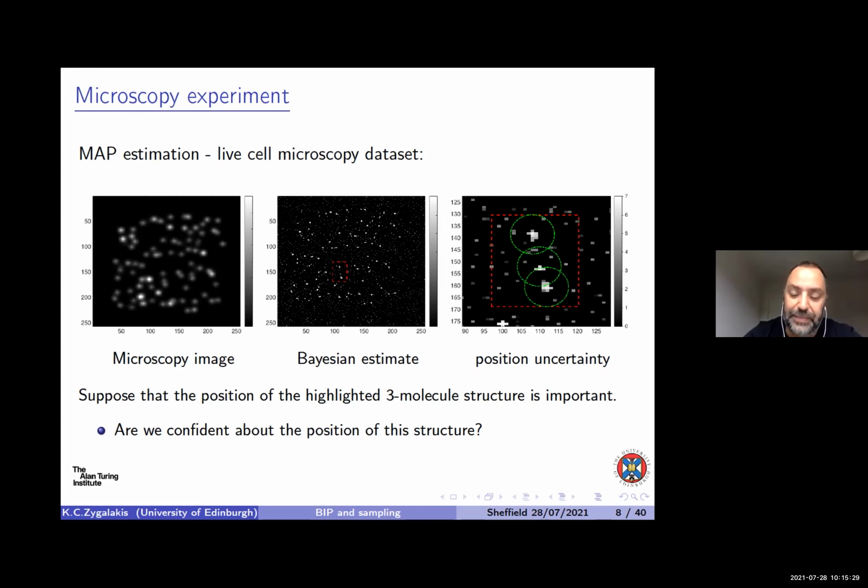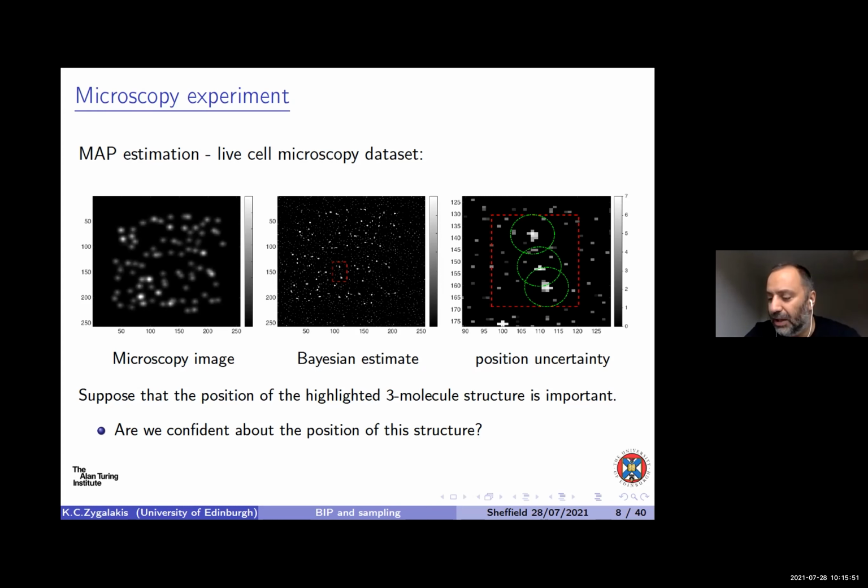Okay, this is something which requires the calculation of integrals with respect to the posterior, and hence takes us to the sampling problem. Okay, so I hope I haven't gone too fast and I've explained a bit where the optimization and sampling come into place in this context of Bayesian inverse problems.